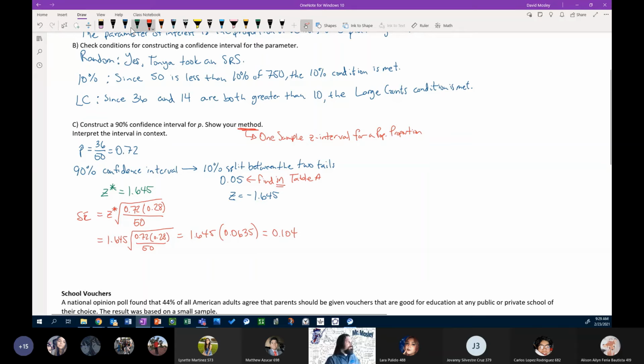So the interval that we get here, we have 0.72 plus or minus 0.104. This gives us our interval, so we get on the minus side 0.616, and on the positive side 0.824.